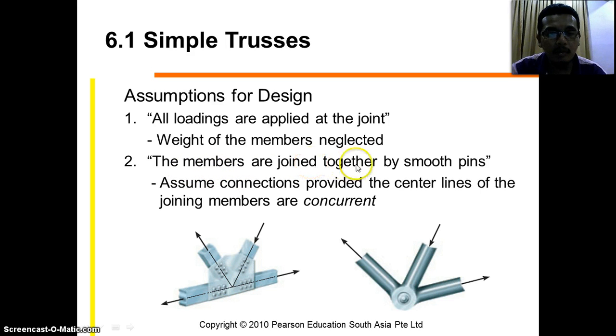The members are joined together with smooth pins. We assume the connections are such that the center lines of the joined members are concurrent, meaning that all the forces will be applied concurrently at the joint.